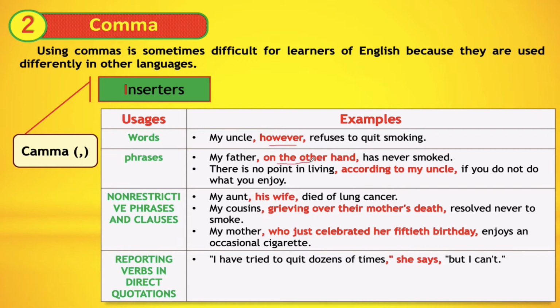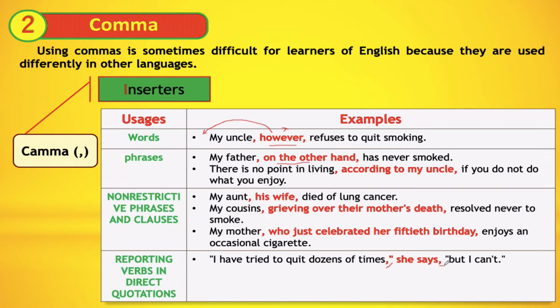On the other hand, we may suggest that these kinds of words can be put here, but if the meaning can be clear here, we should put it, for example, as exists here. My uncle, however, refuses to quit smoking. That's great. And you may notice here we have a comma in this one and here.